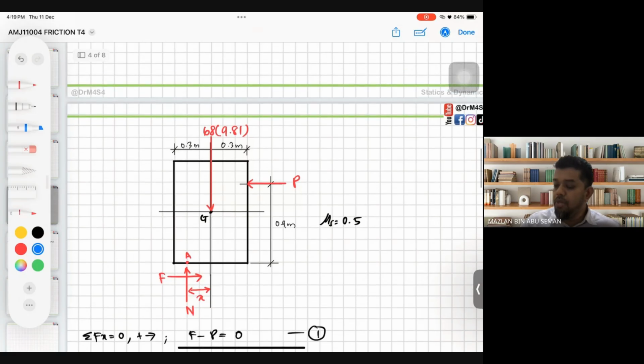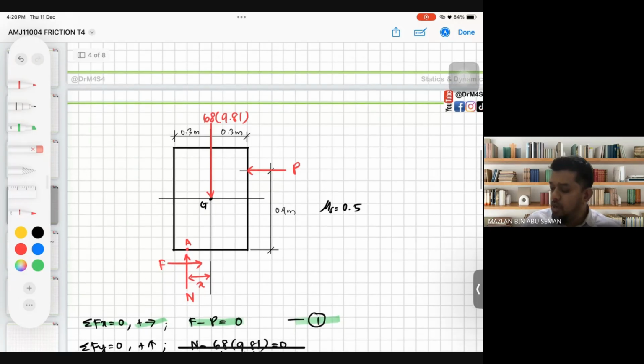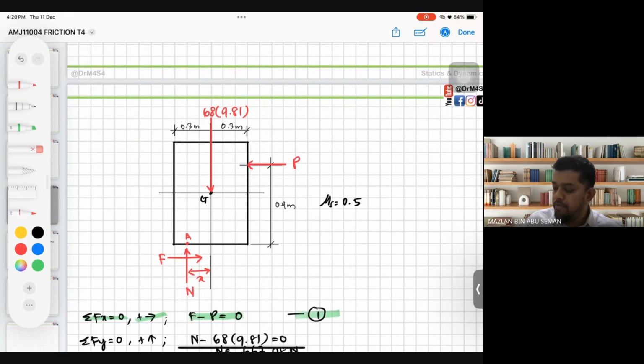for the first step, we take summation Fx equal to 0, positive to the right. So that means F minus P for the first equation. So we are done with the first equation. We go for Fy.